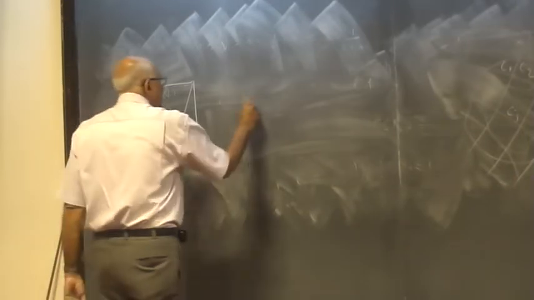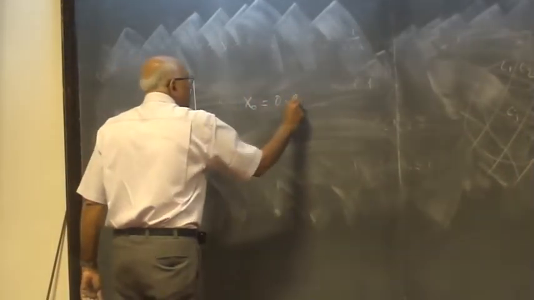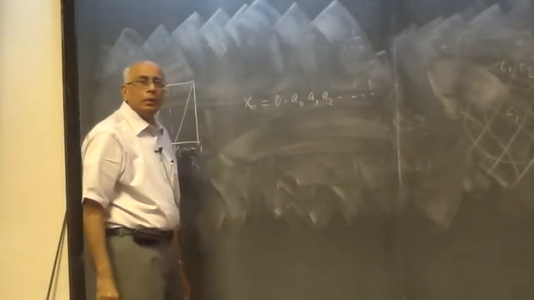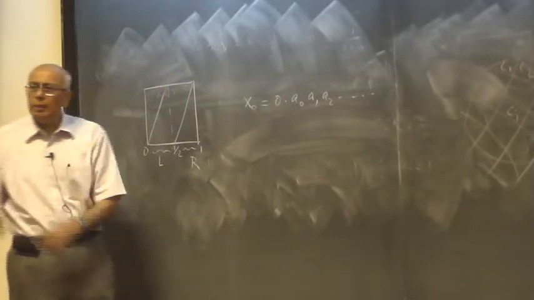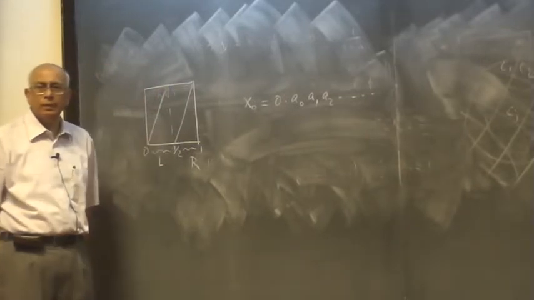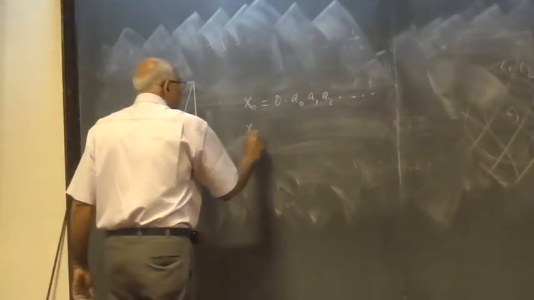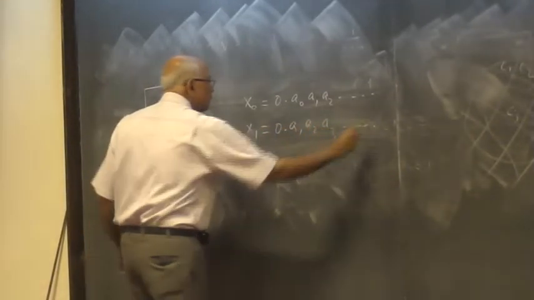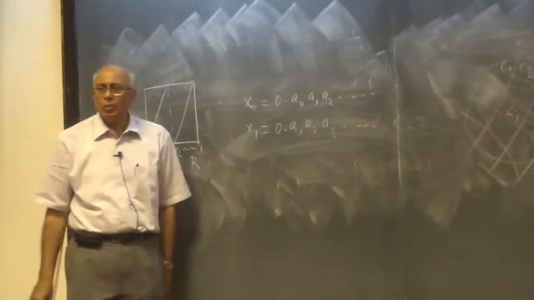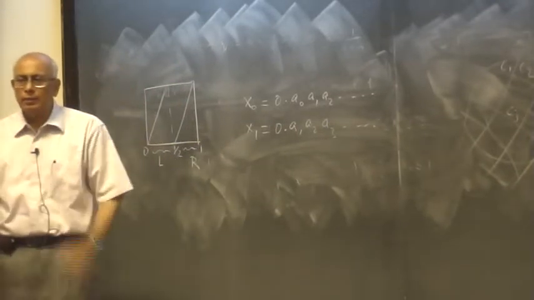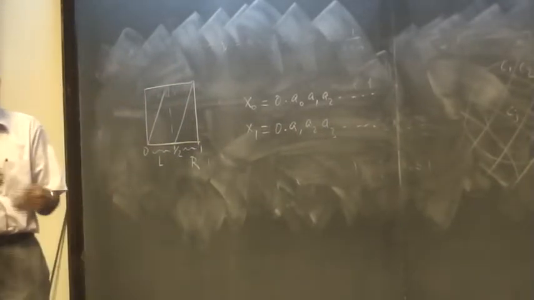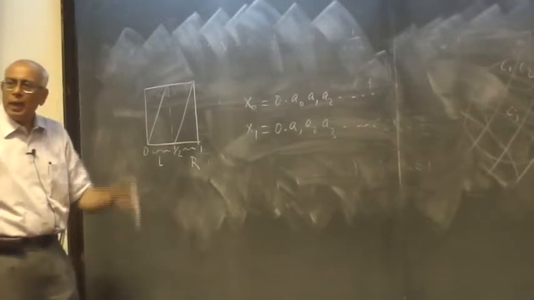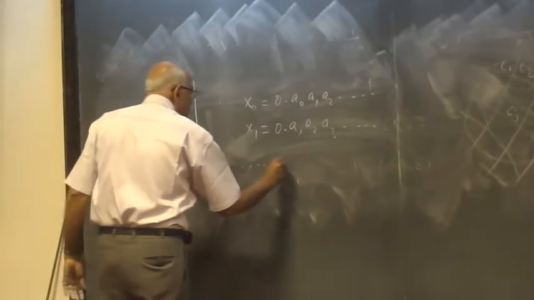So if I start with an initial point, 0 point A0, A1, A2, A0 is either 0 or 1 depending on whether it's in L or R. At the next stage, x1 is 0 point A1, A2, A3, etc. So A1 is 0 or 1 depending on whether it's L or R. So if I iterate for a long time, I'm going to get a huge sequence.